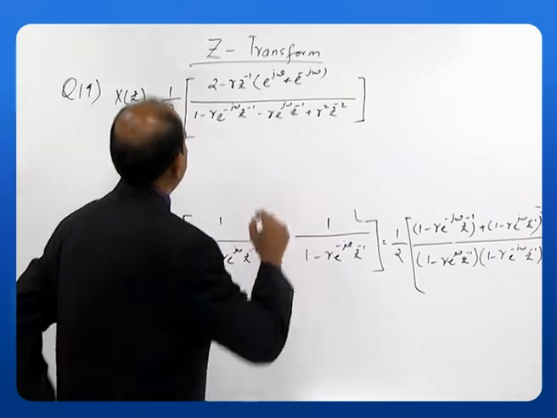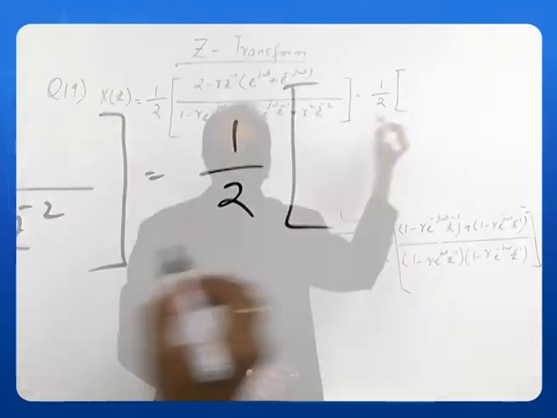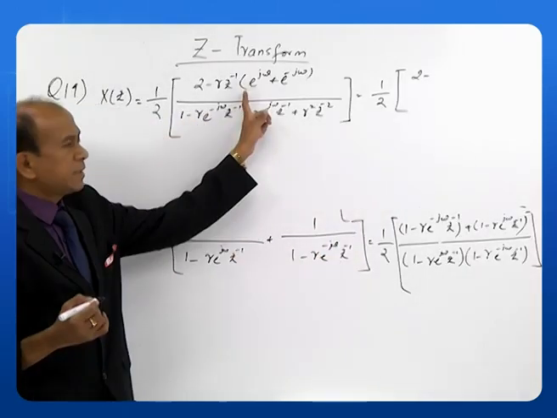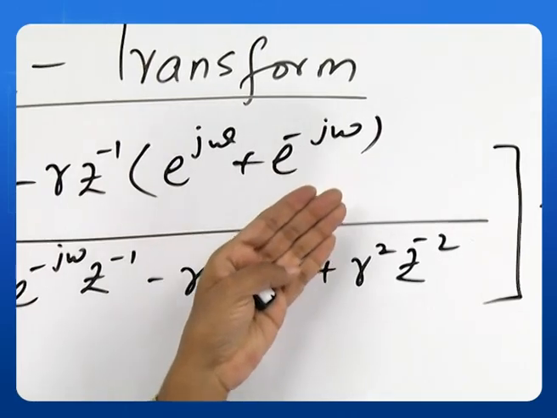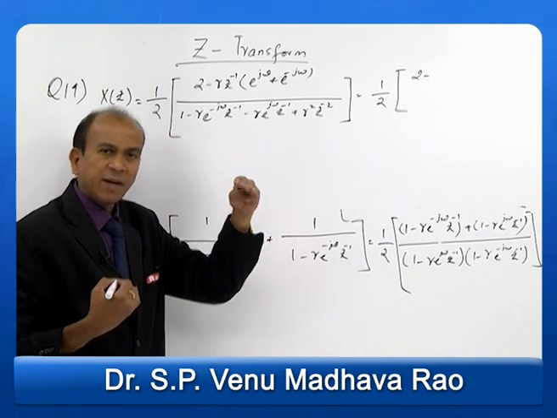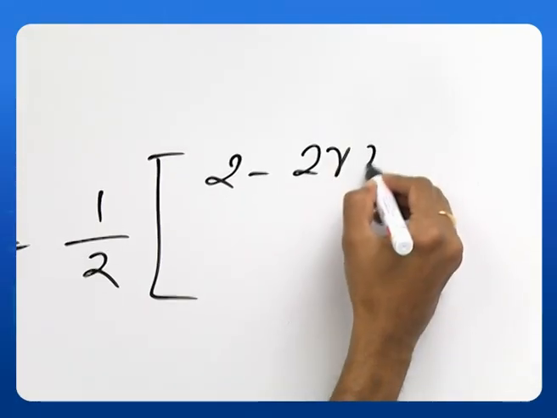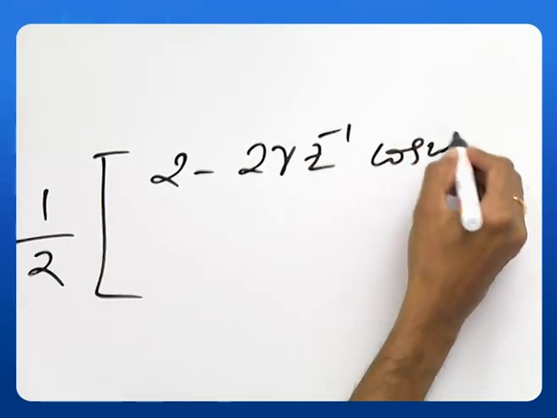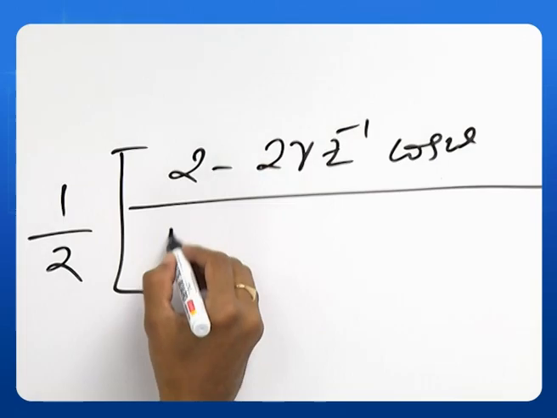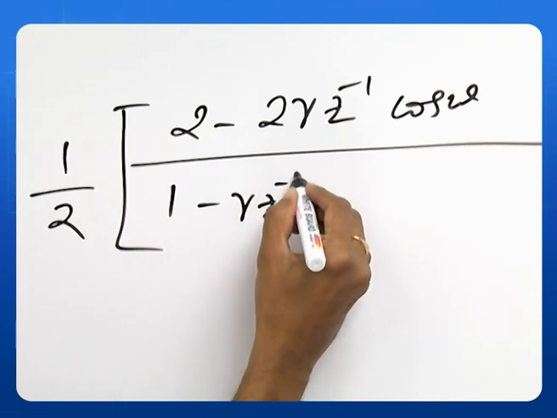So I can write down this, understanding that this is equal to half of 2 minus, this I can write in the form of a cosine function, provided there is a 2 in the denominator. So we divide and multiply by 2. So that will be equal to 2rz^-1 cos omega divided by, this I can write in terms of r and z^-1 taking out common.